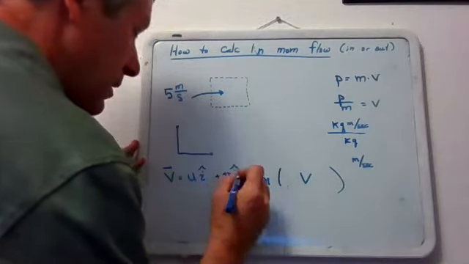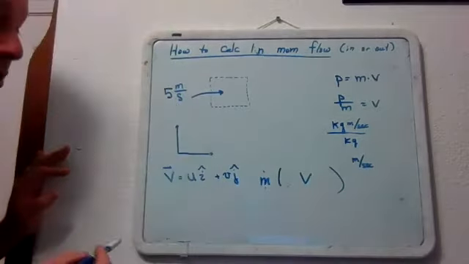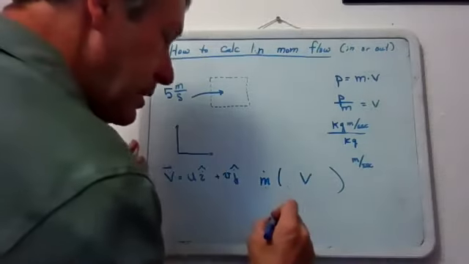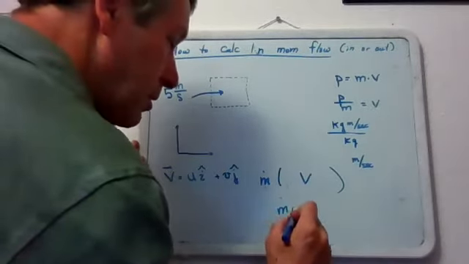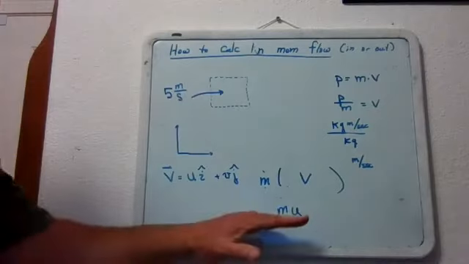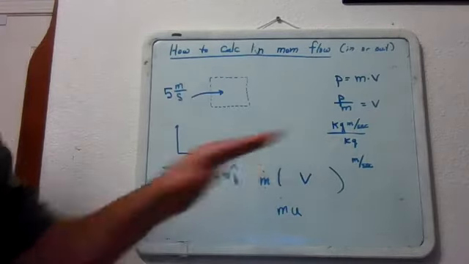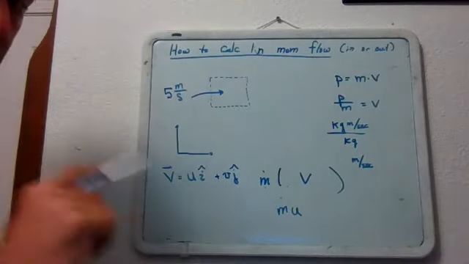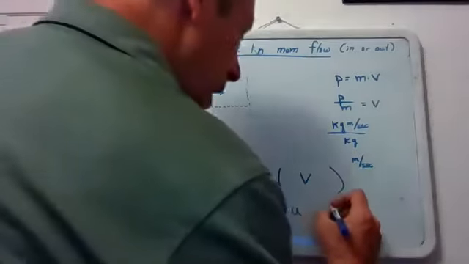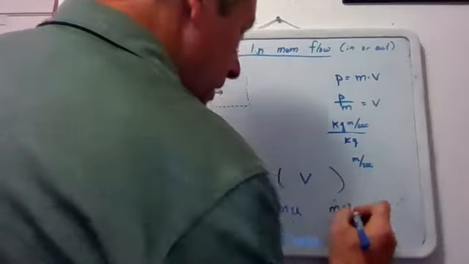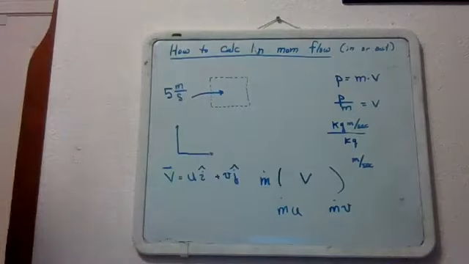V is used for the speed in the vertical direction. So sometimes we're going to see m dot u, and that calculation would tell us momentum in the x direction. And by the way, momentum flow is a vector. And m dot v is going to tell us momentum flow in the y direction.